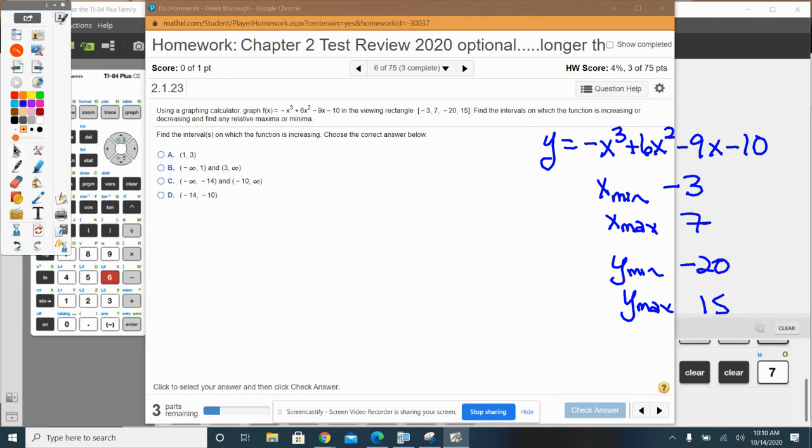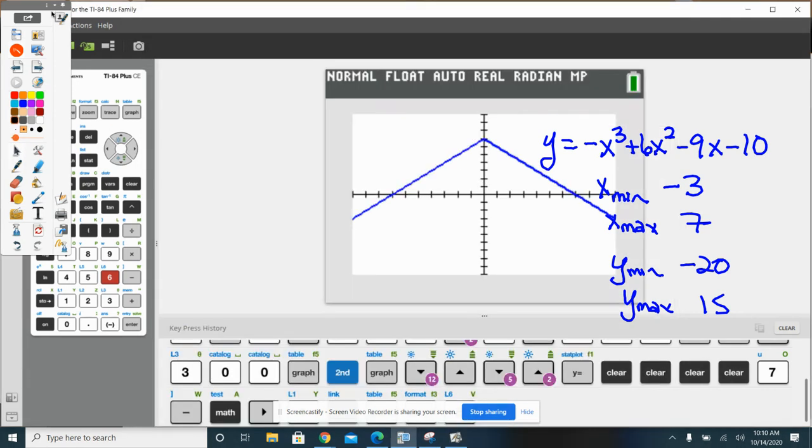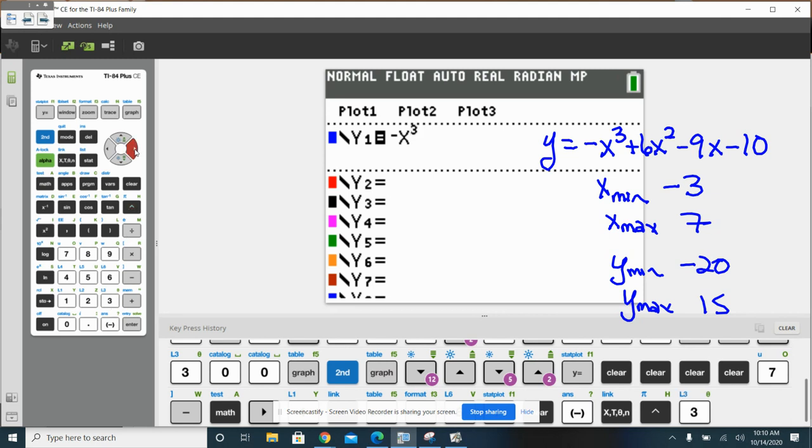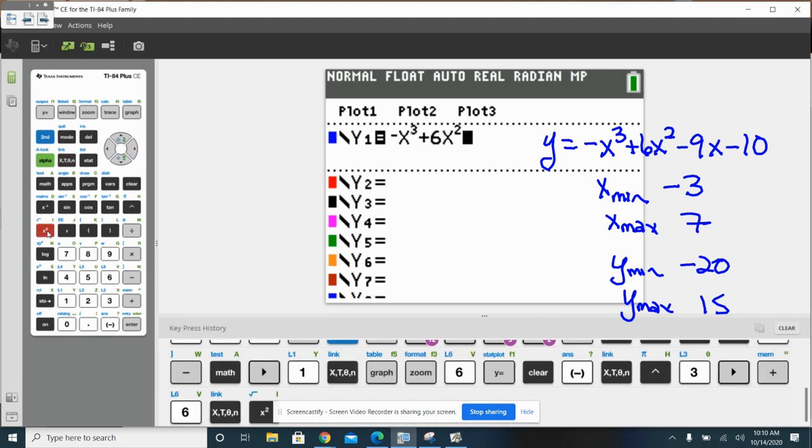So I'm going to type this into my calculator. Negative x to the third plus 6x squared minus 9x minus 10.